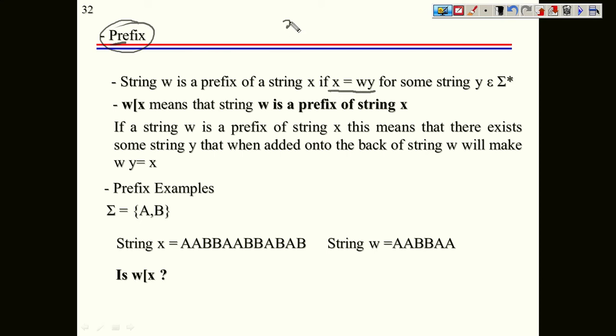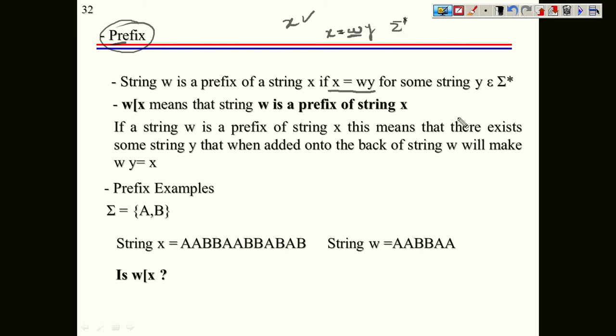If x is a string given to you, and we are able to write x equals wy, meaning we can represent it using two partitions, then the first partition is a prefix. Keep in mind that w and y must be a part of sigma star.